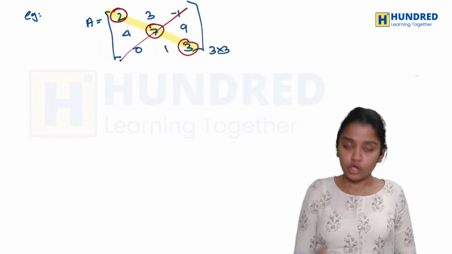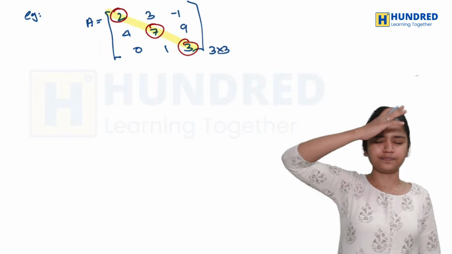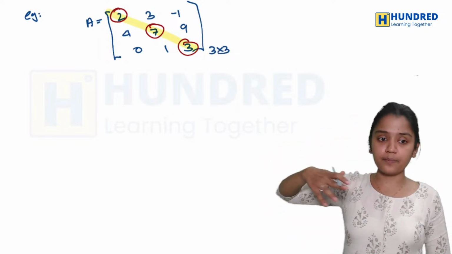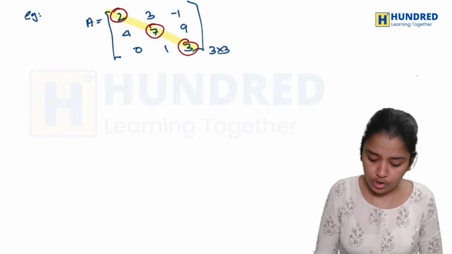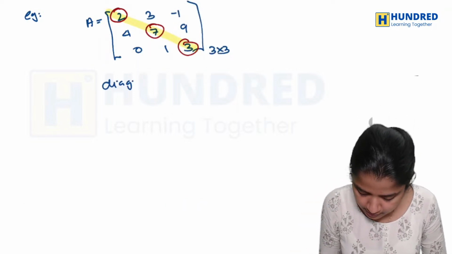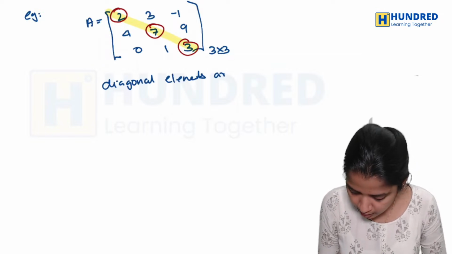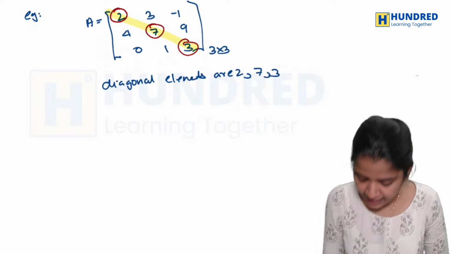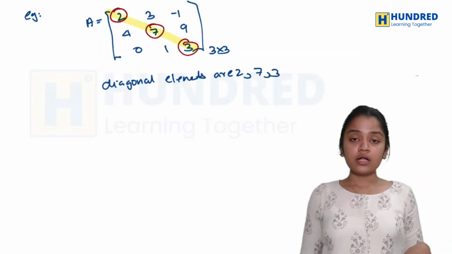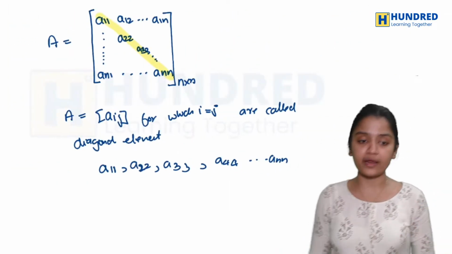This diagonal you cannot take. You're just taking the main diagonal where i is equal to j. So here the diagonal elements are 2, 7 and 3. This is one of the main concepts, that is square matrix.